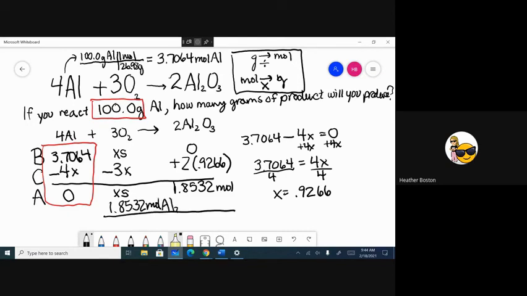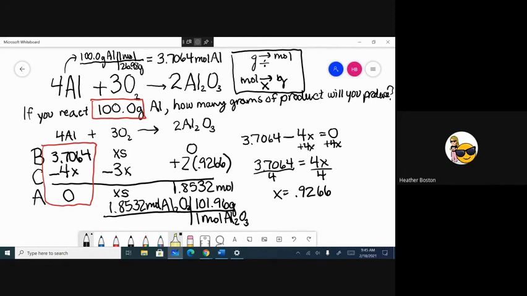This is the actual problem. And I'm going to multiply by the molar mass to change from moles to grams. And let's see, I'm going to calculate the molar mass. 26.98 times 2 plus 16.00 times 3 gives me 101.96.